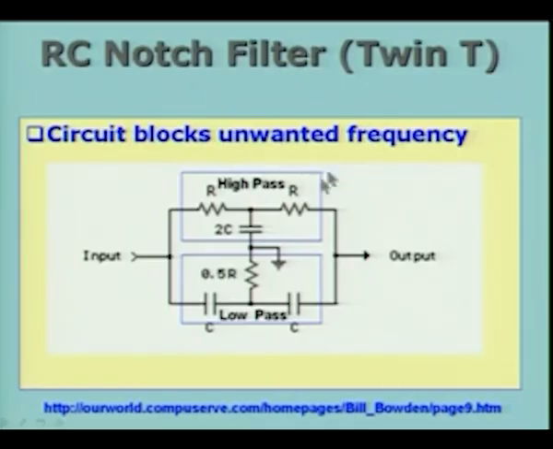It is also a twin T. The twin T is because there is one T here comprising of two resistances and a capacitance, and there is another T here corresponding to this with two capacitances and one resistance, and this is grounded here, and the input and output are connected here. The characteristic of this particular RC notch filter is actually shown in the next slide.